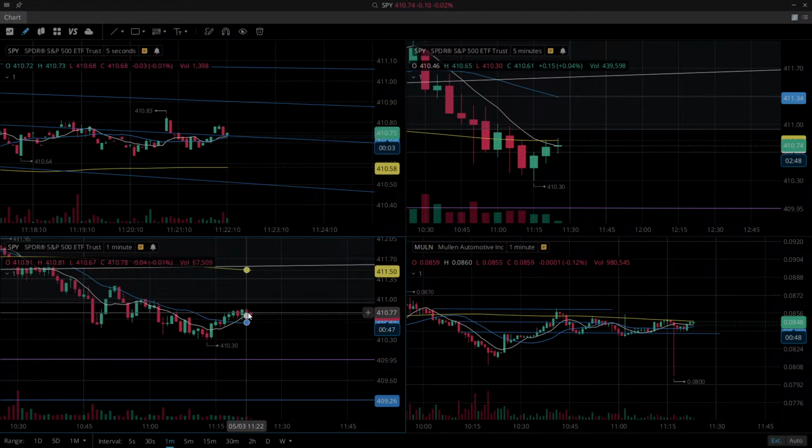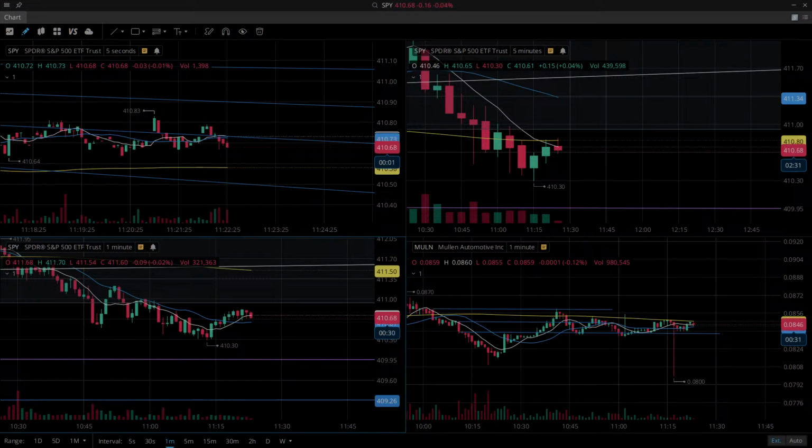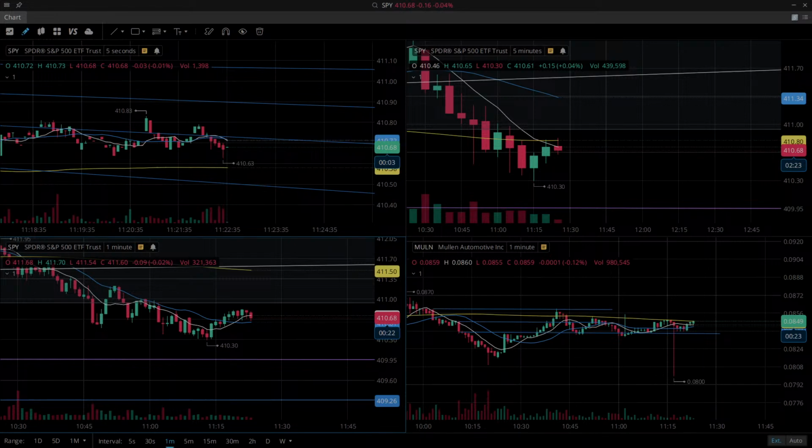And the 1 minute's starting to crank over onto that 8 period. Short target would be 41.33.